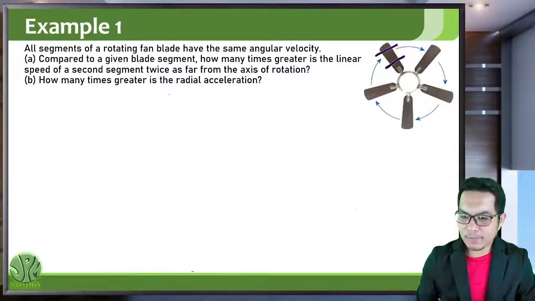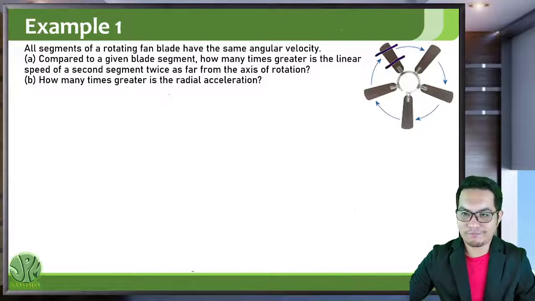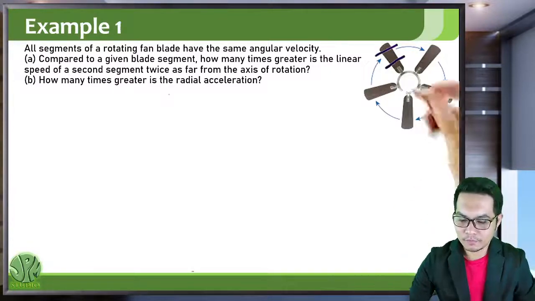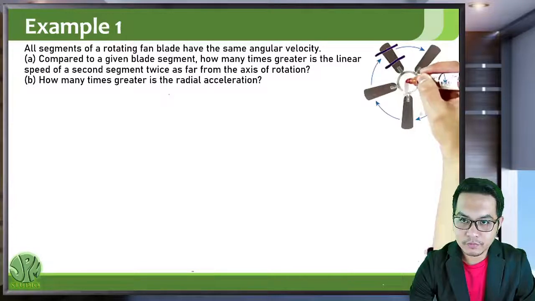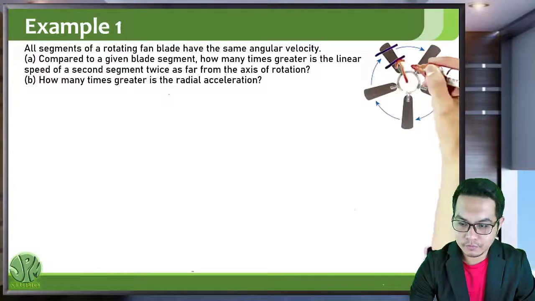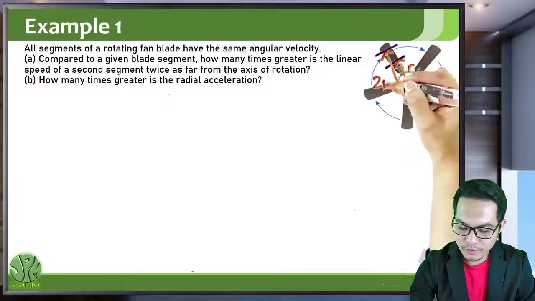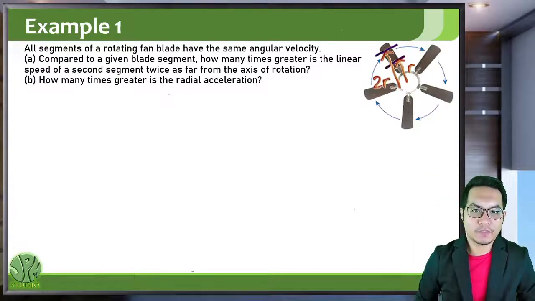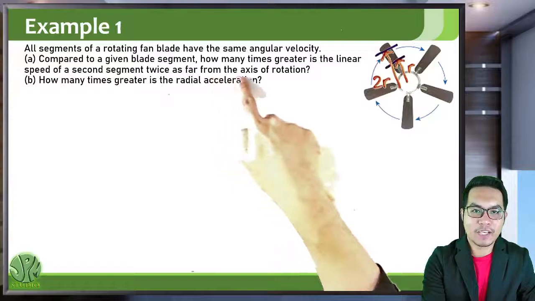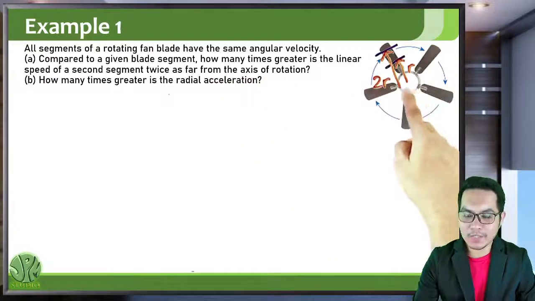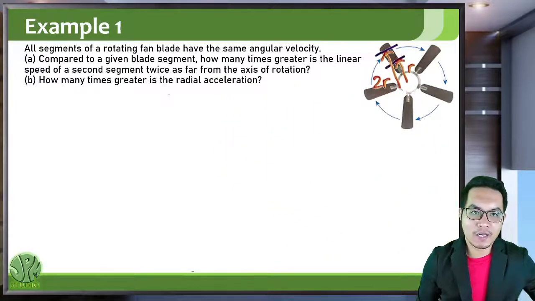So the first segment has a radius, say r, and the second segment has a radius 2r, twice as far from the axis of rotation. Our axis of rotation is the center of the blade.